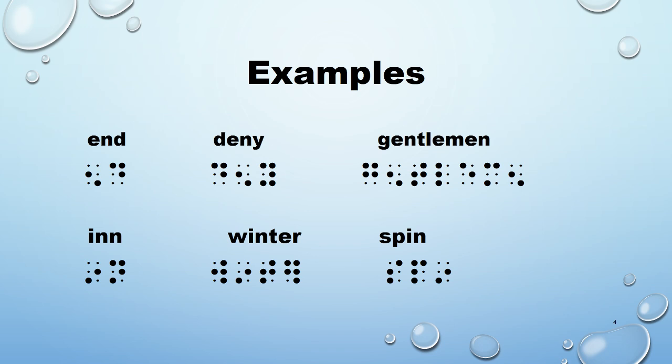NVDA reported the title of this slide. It said Examples. Now, if I want to read from top going down, I can make use of the shortcut keys. It's NVDA plus the letter A.